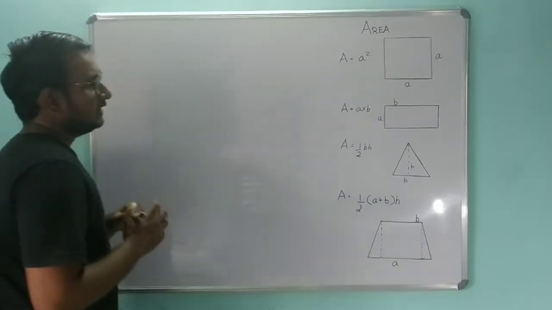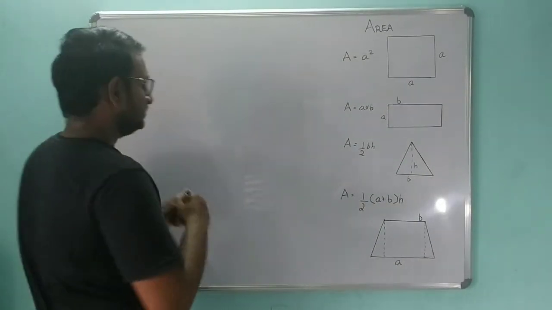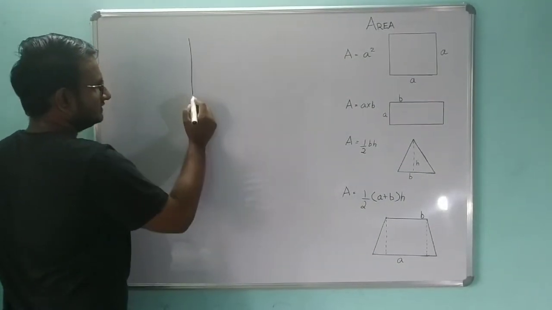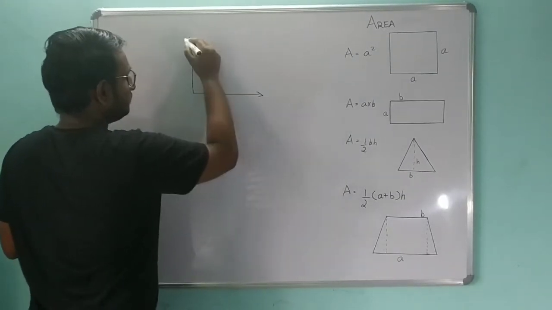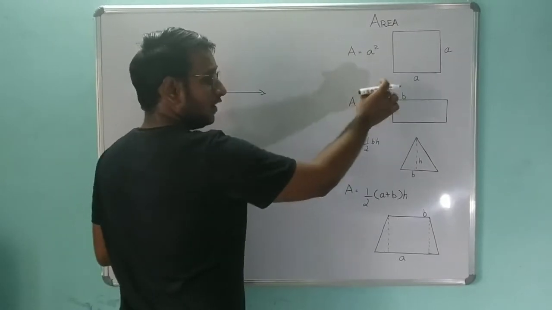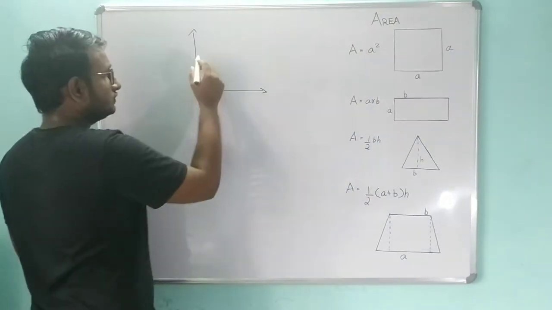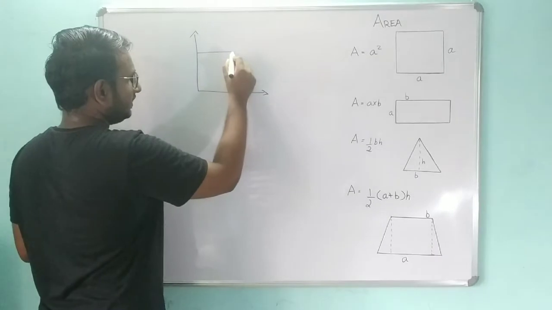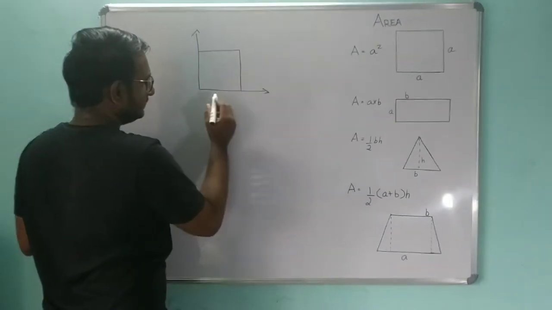Let's take a graph first. Let's assume a graph like this, and we are going to place this square in this graph.